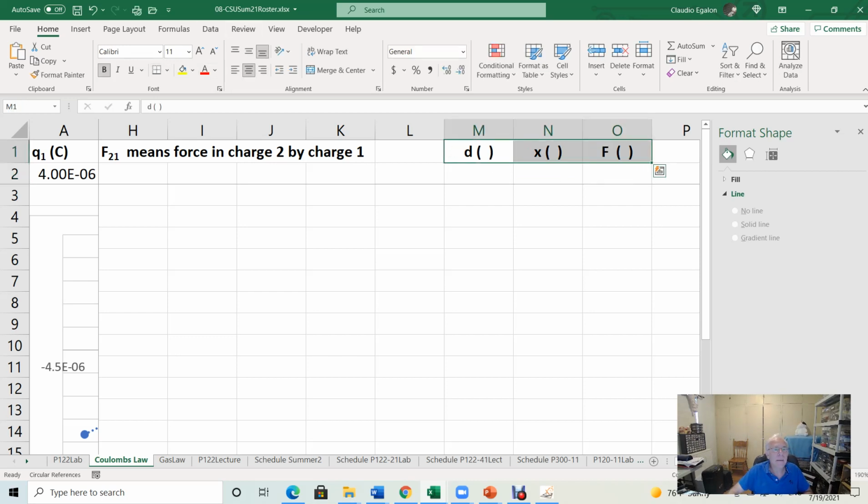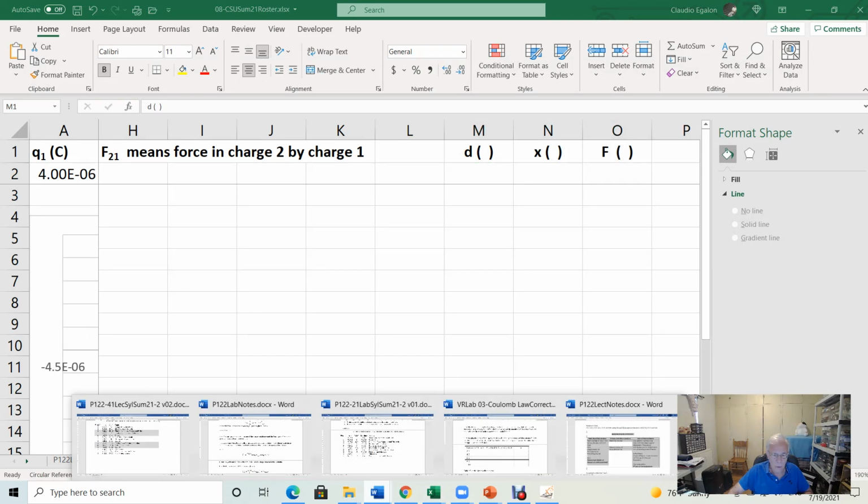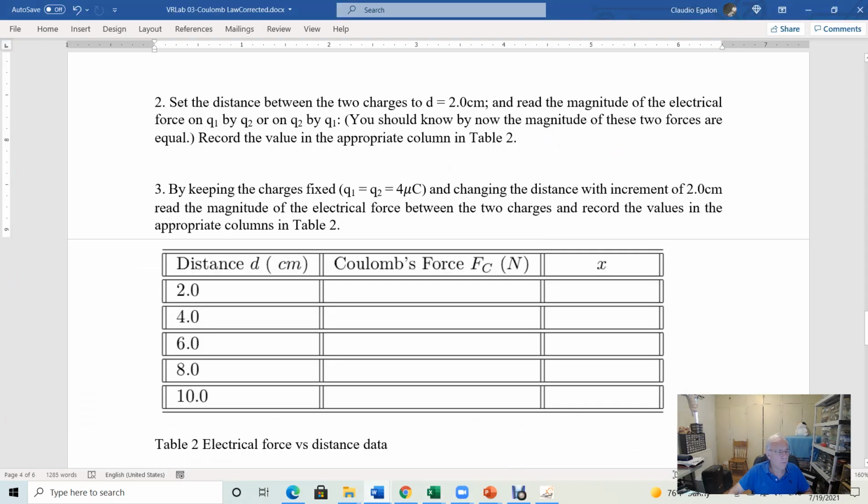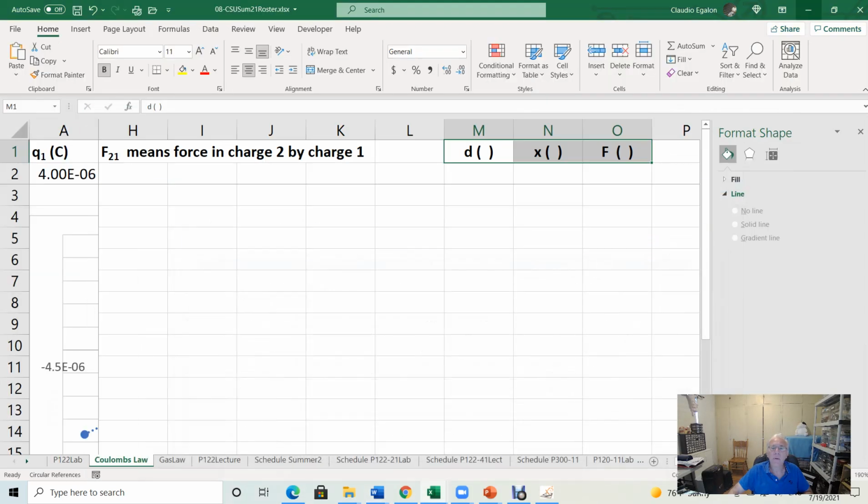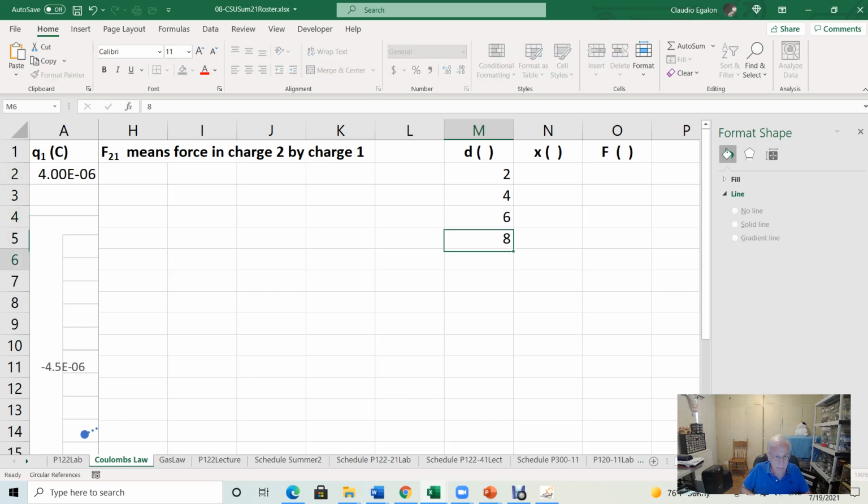I'm gonna center justify them all. I want this one right in here. 2, 4, 6, 8, and 10 centimeters. And by the way, just like I said, put that in meters. So divide by 100. I gotta put the equal sign, otherwise it's going to complain.